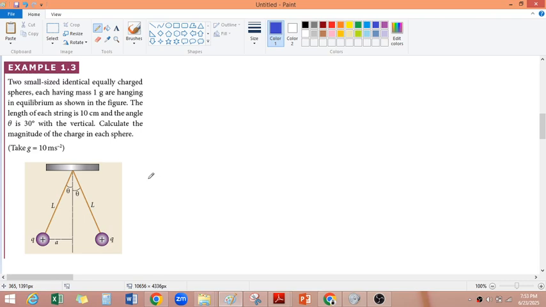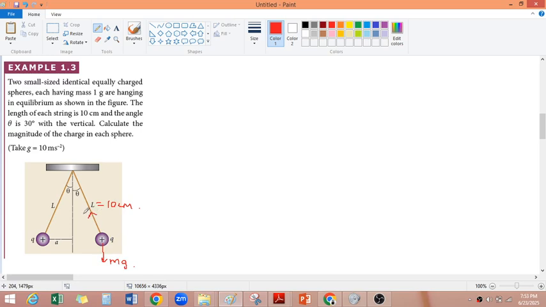Okay, so the angle theta is 30 degrees with the vertical. The length is 10 centimeter, and each mass is 1 gram. Calculate the magnitude of the charge. So L is equal to 10 centimeter. mg, the weight, will be acting downwards.